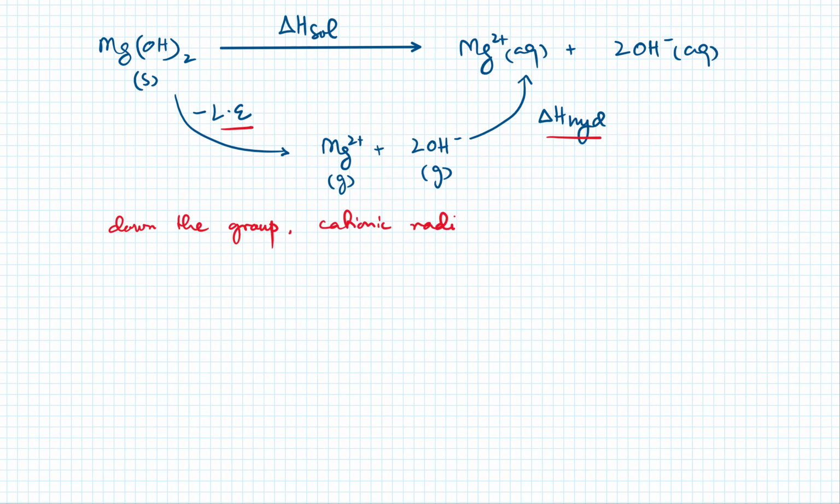The anion remains the same. So both your lattice energy and your delta H hydration both decrease.